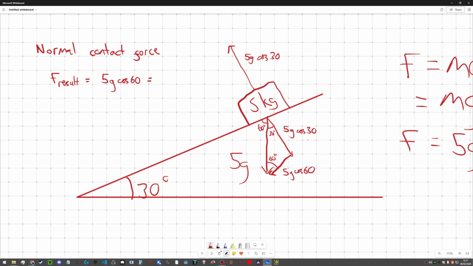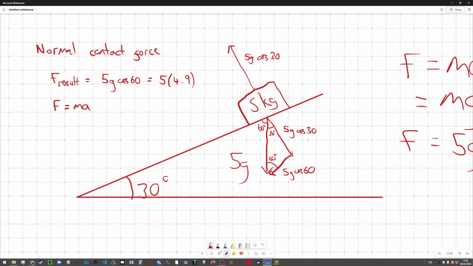If you put this into a calculator, you should get 5 times 4.9. You can then use Newton's second law, F equals ma.